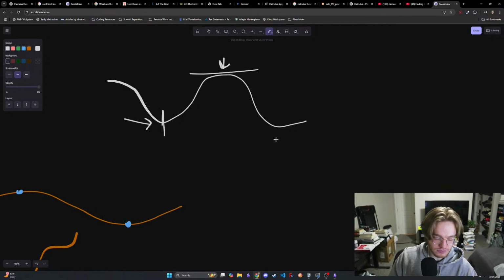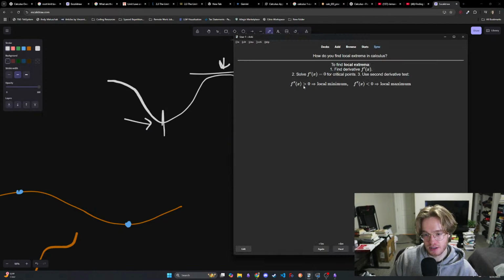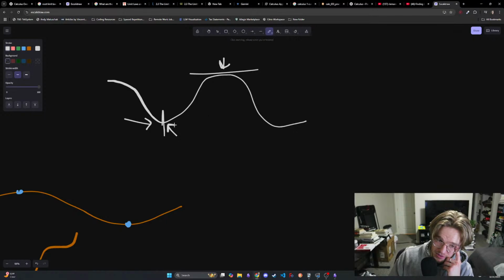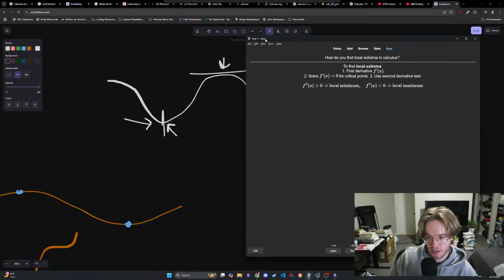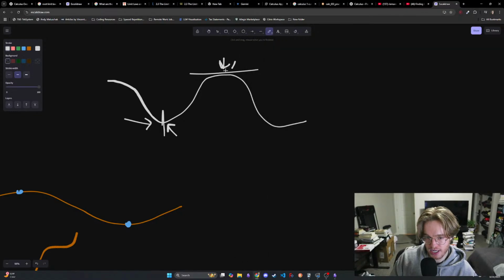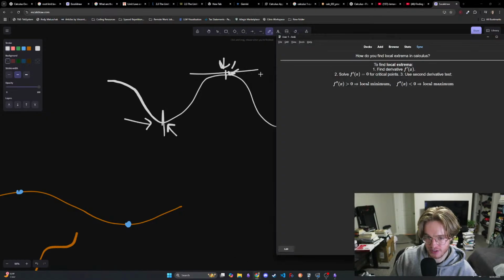So this is the local minimum. Maybe they're defining that just past this is our local minimum, and just before we start going negative is our local maximum.